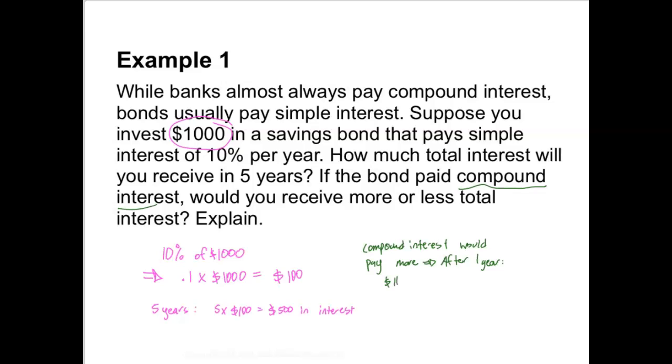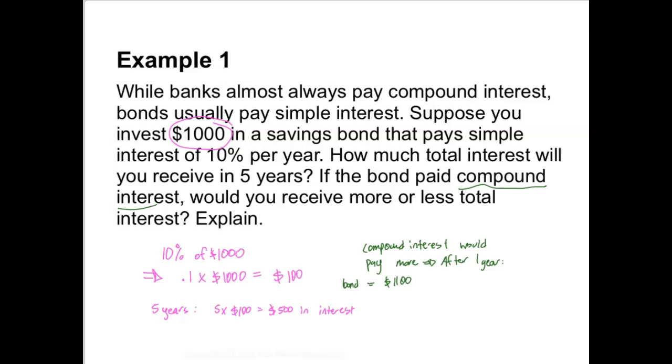The bond would be worth $1,100, right? Because it would be worth the initial $1,000 investment plus the interest that you earned, $1,100.